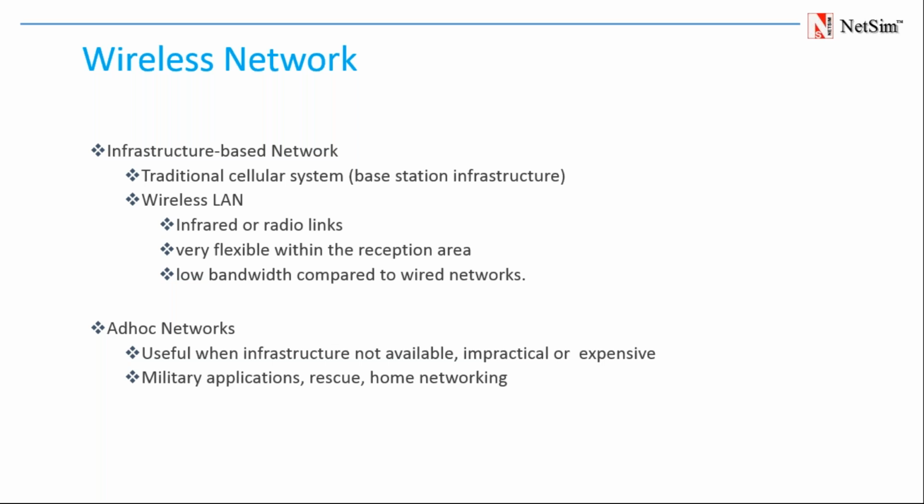Though these are very flexible within the reception area, they have very low bandwidth compared to wired networks. The other is the ad hoc network. Ad hoc networks are very useful when infrastructure is not available. They can be used for military application, rescue, and home networking. So today we talk about this ad hoc network only.